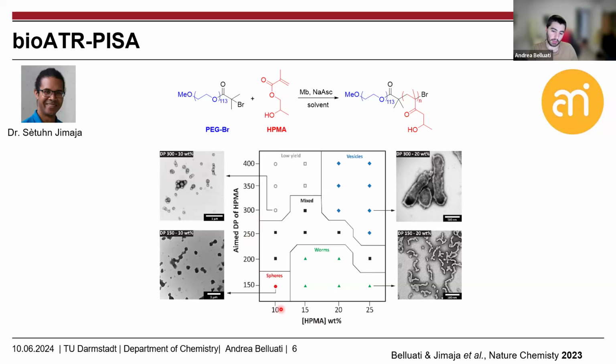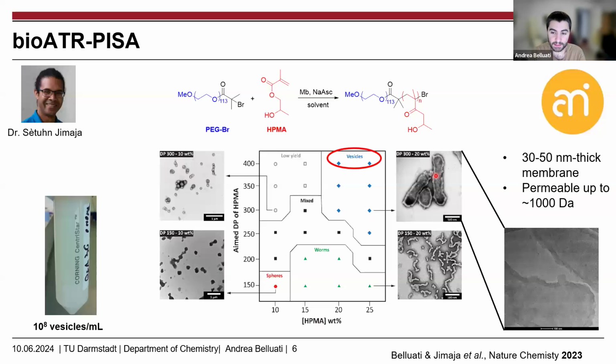At very low content, we would get spheres, nanoparticles. Increasing the amounts of monomer, we would get worm-like micelles. We had quite a broad mixed phase, but very interestingly, we could get vesicles. We could get vesicles at high contents and high ratios of monomer to initiator, thus meaning that this enzymatic reaction could form vesicles.